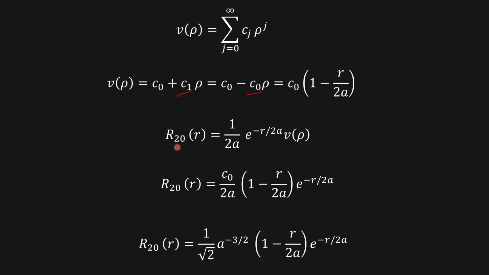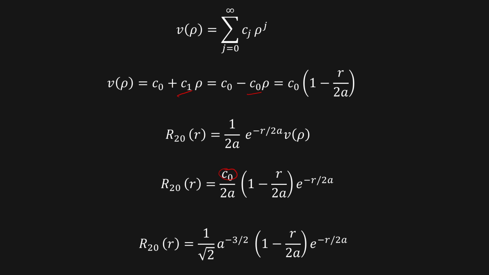Now the general definition for the radial wave function is 1 over rho of R, with e power minus R over 2A times v of rho. Here v of rho is C naught times 1 minus R over 2A. You have to find the normalization constant in the usual way.